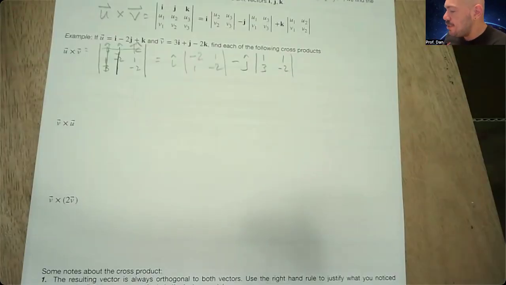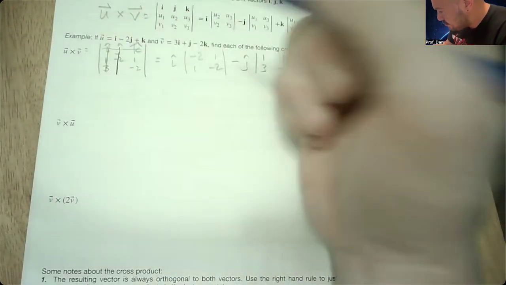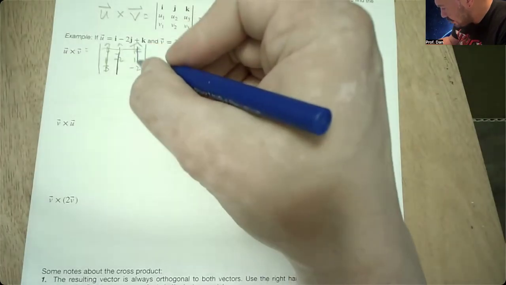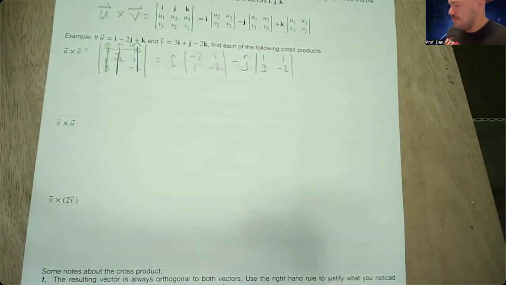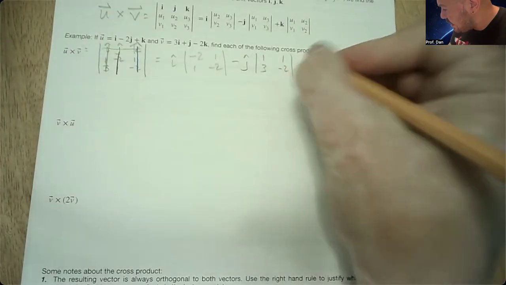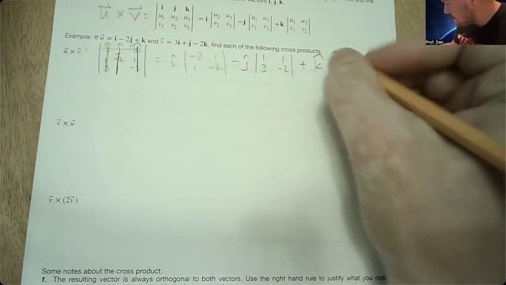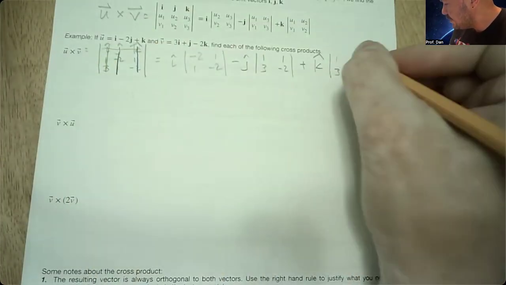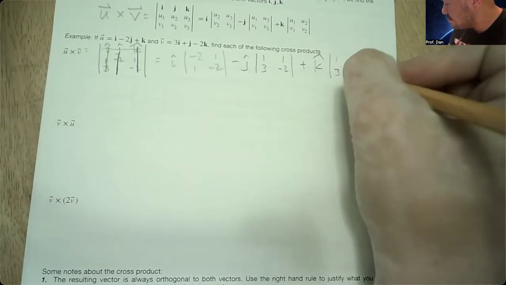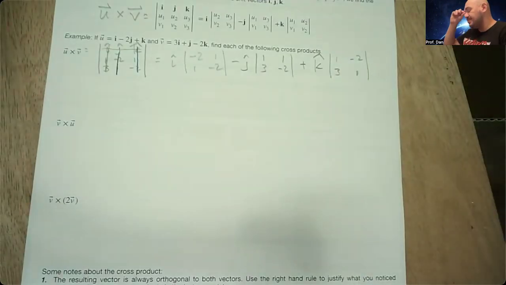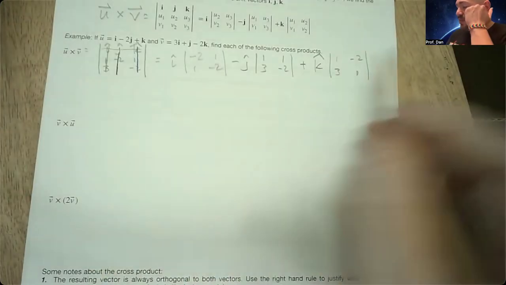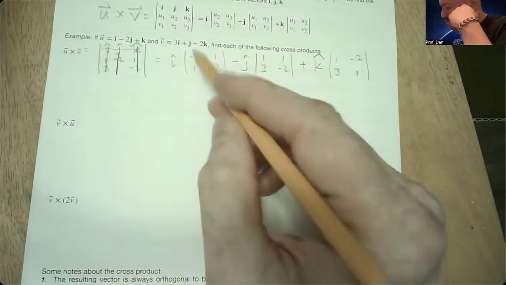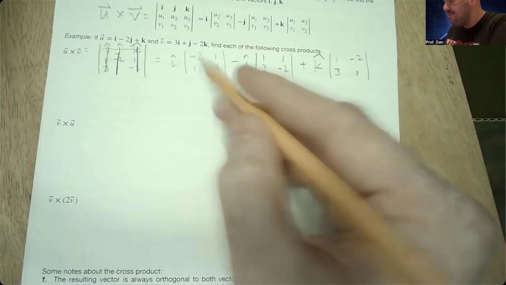And then for the third one, take out that third column, and we would end up with plus k times the determinant of 1, 3, -2, 1. Okay. So at this point, all we have to do is find these determinants for the 2 by 2s.